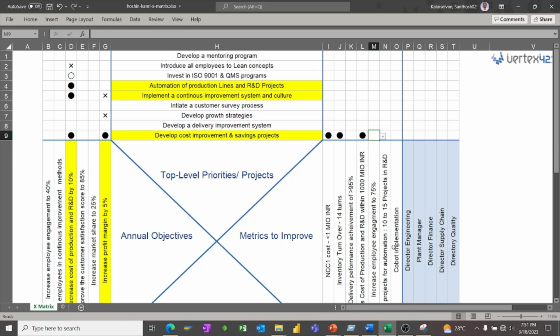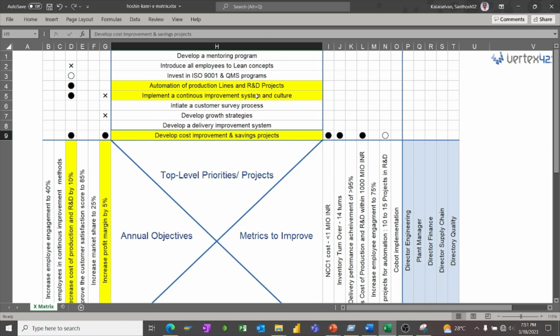And projects of automation, 10 to 15 projects in R&D, this is not going to help in cost improvement or savings projects. Automation, yes, sorry for the wrong information. Yes, it can, but it is a secondary correlation. Okay, so now I have explained this for develop cost improvement and savings projects.